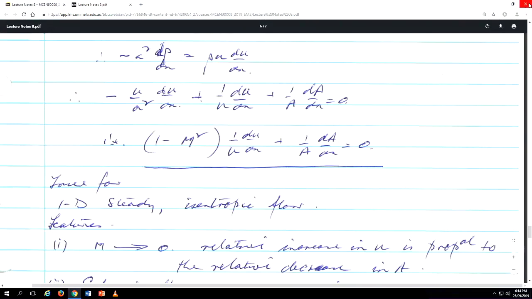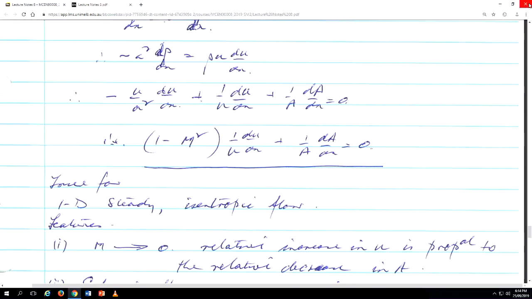So, here's what I really want to emphasize. If I use the term 1 upon u du dx, I'll have a minus u squared over a squared times 1 upon u du dx, and I am going to call u upon a the Mach number.